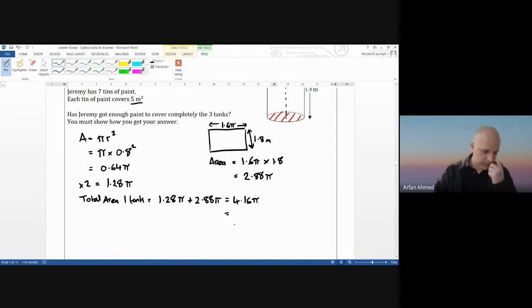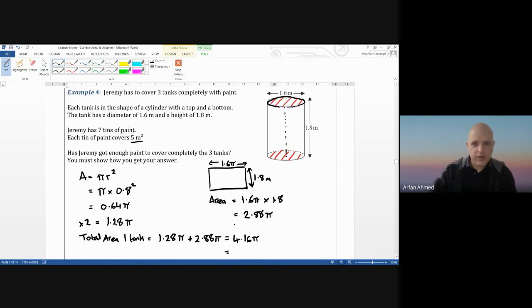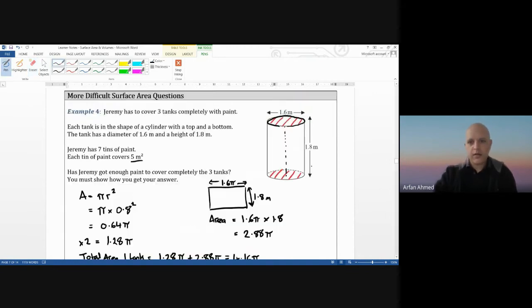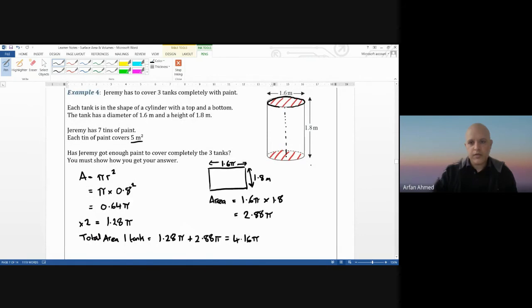No, in fact, you know what? I'll tell you what. Let's leave it like that for now. Let's times it by 3. Because that's for one tank, yeah? That is for one tank. Let's do it for 3 tanks because you have to paint 3 tanks completely.